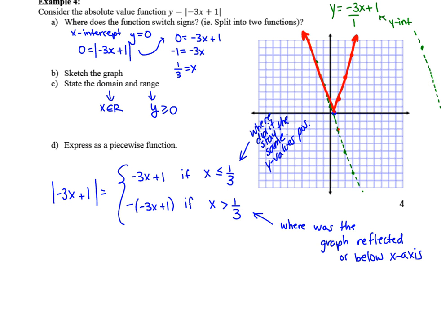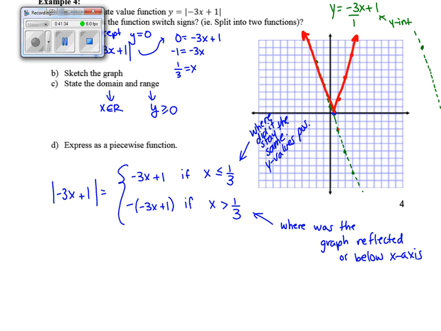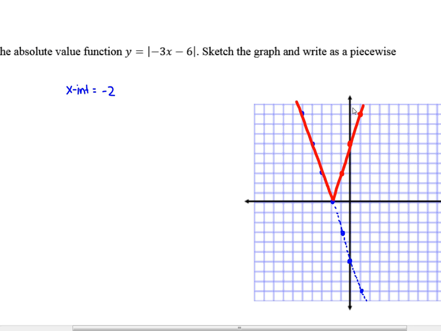Okay, so let's pause it here. Okay, so your absolute value graph should look like this. You also check your graph.